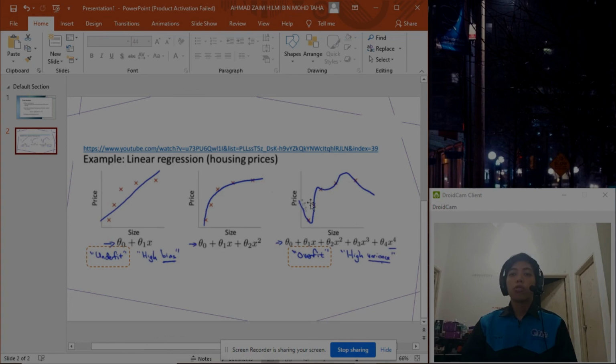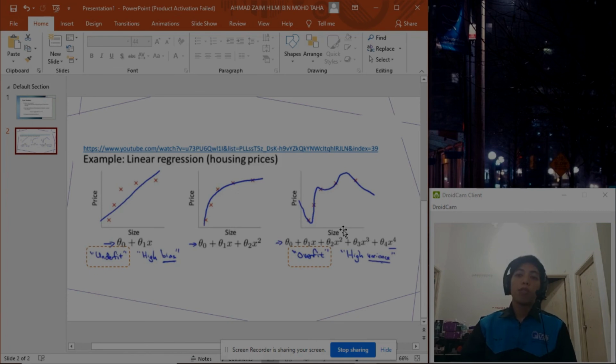However, it looks complicated and complex as it fails to generalize to new examples in another dataset. In addition, if we have more features or data, it would become much harder to plot the data. This problem is what we call overfitting or high variance.